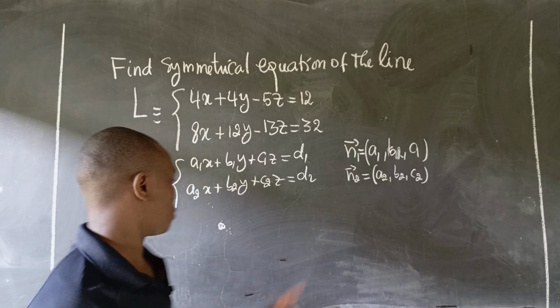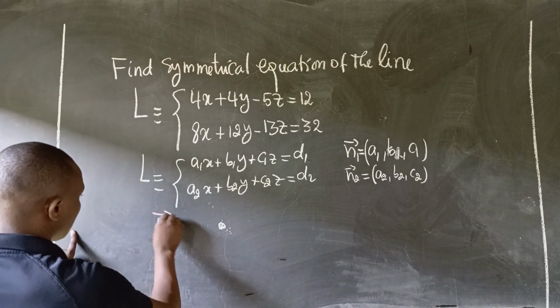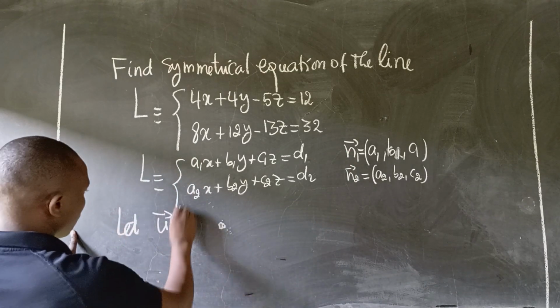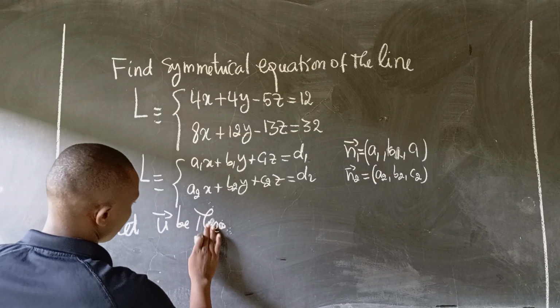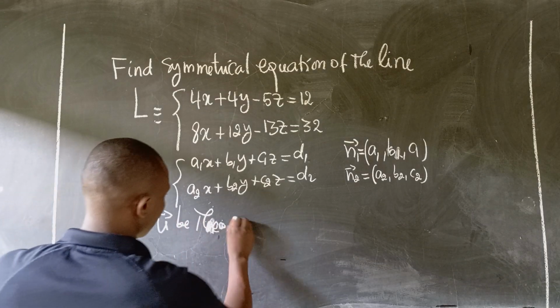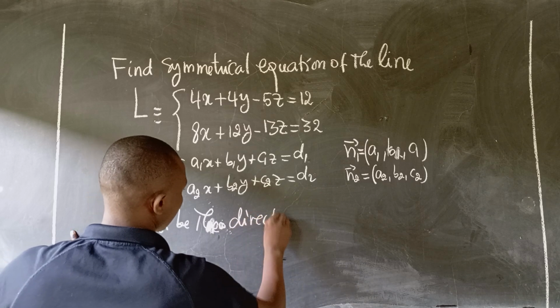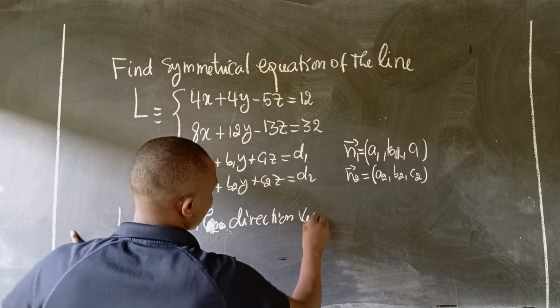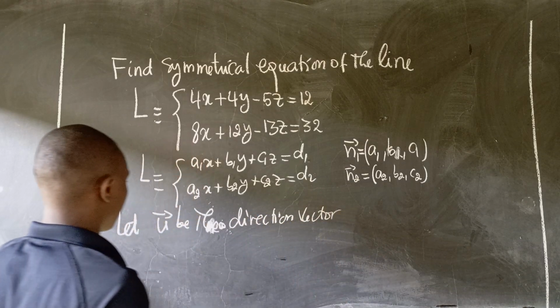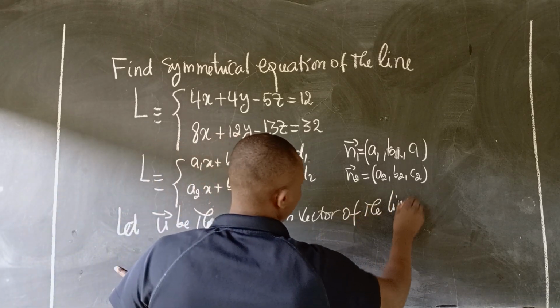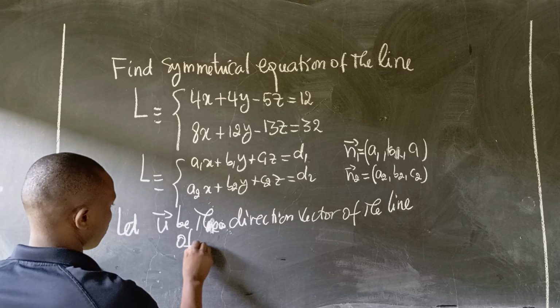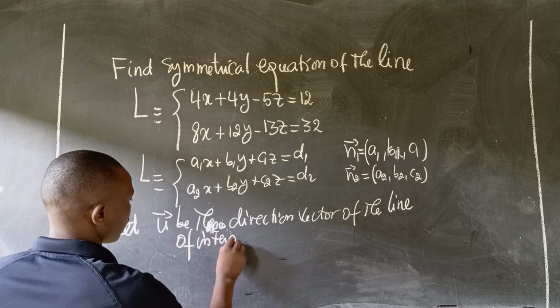N1 and N2. Let U be the direction vector of the line of intersection.